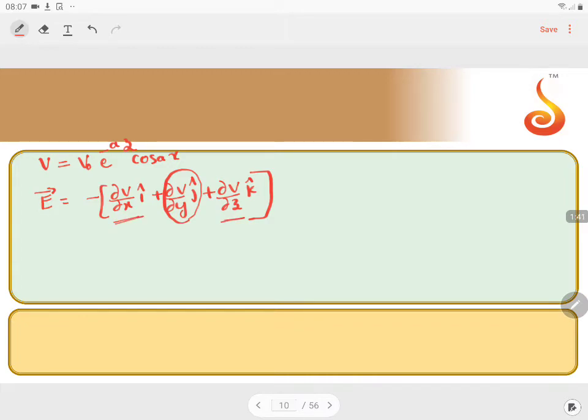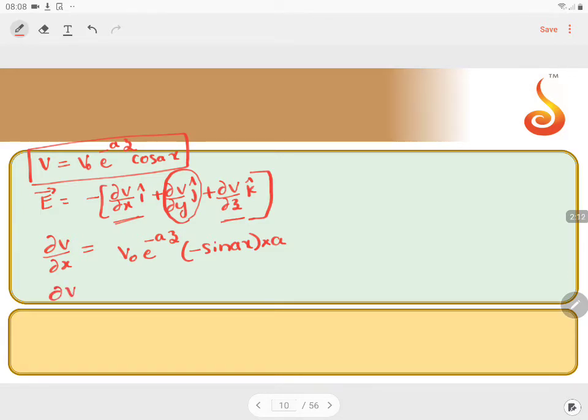Okay, so first we find dou V by dou x. So we differentiate the potential function with respect to x. When you differentiate with respect to x, z will be constant. So V naught e to the power of minus Az will be constant. So we have to differentiate cos Ax. What is the differentiation of cos Ax? Minus sin Ax into A, successive differentiation, chain rule.